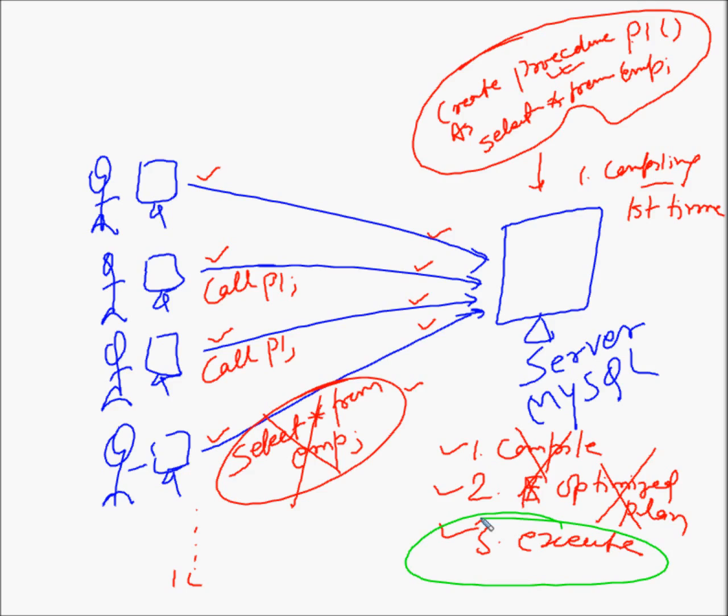So the server is saving all the time of compilation, generating the best plan and all, because it is just executing. What does it mean? We are enhancing the performance of the server. If we create a procedure, it will help to boost or enhance the performance of the server.